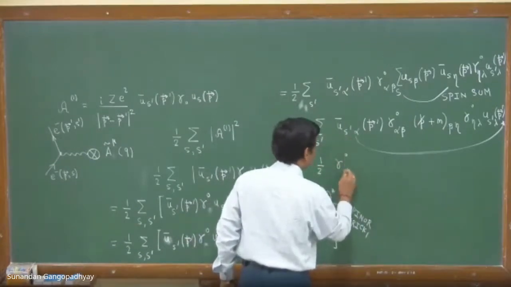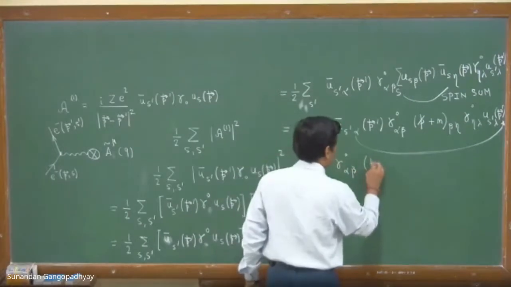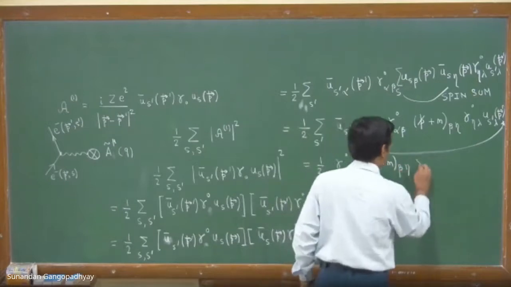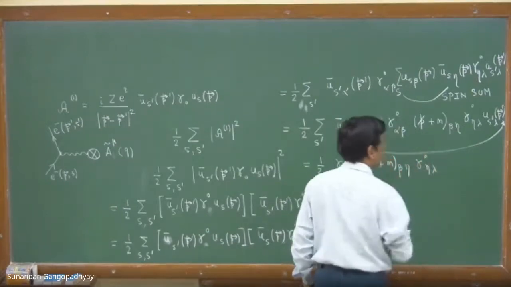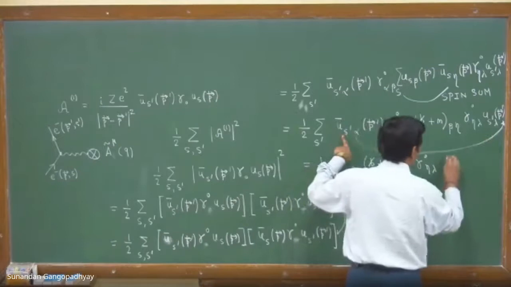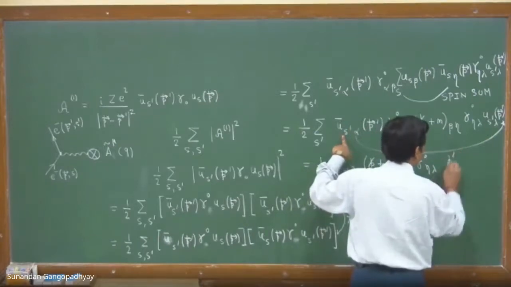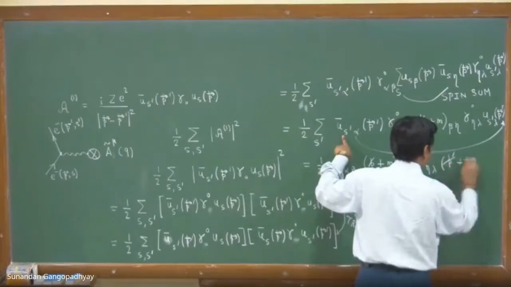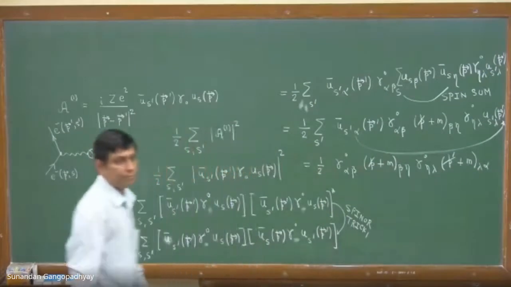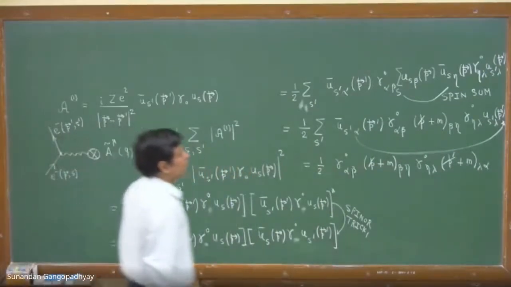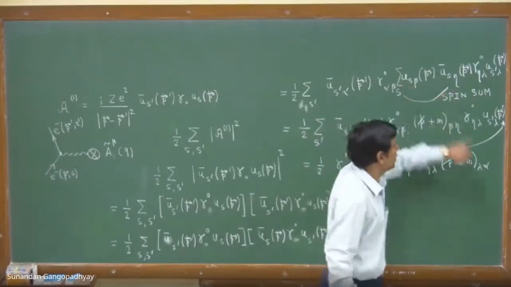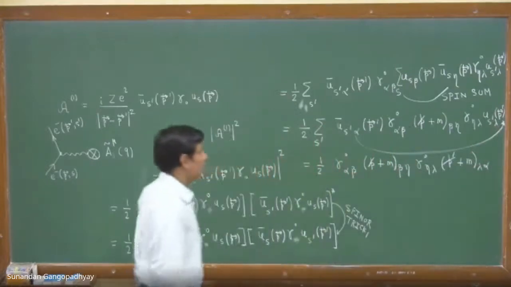We will get gamma 0 alpha beta, P slash plus m beta, then gamma 0 beta lambda, and then u bar, sum over S prime, the indices are lambda. So this will give us P prime slash plus m lambda alpha. So the rule is u bar: put the indices of u first and then beta, lambda.